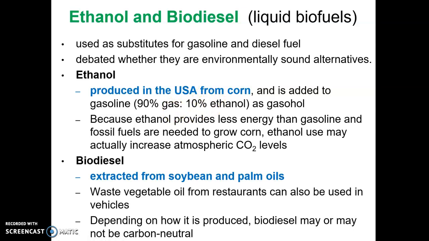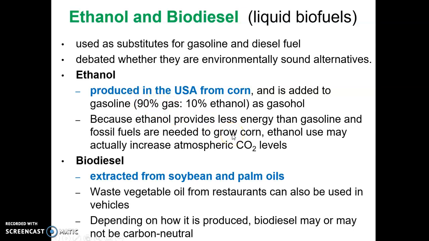Another problem with it is that you need fossil fuels to grow the corn. And you have already looked at industrial agriculture and how fossil fuels are used to plant and harvest and process and move these materials.